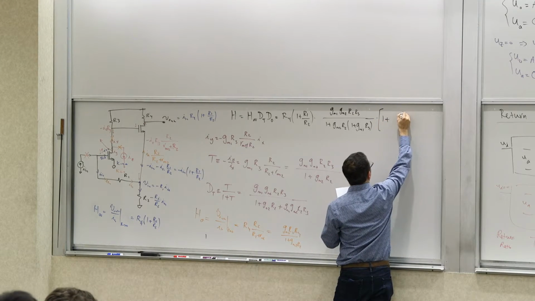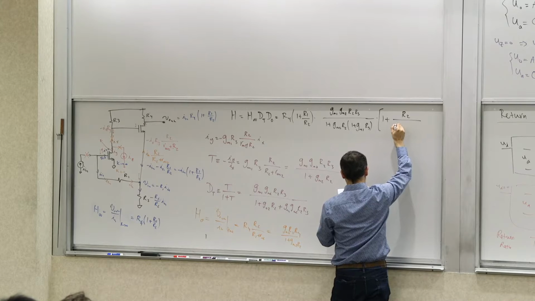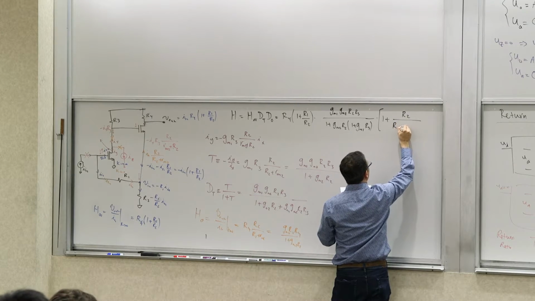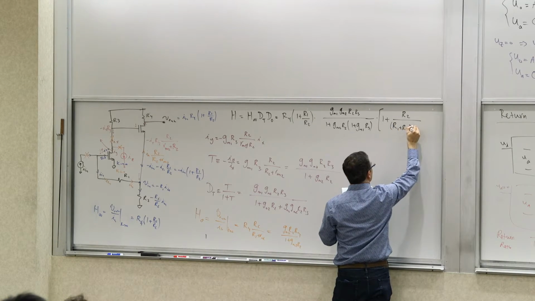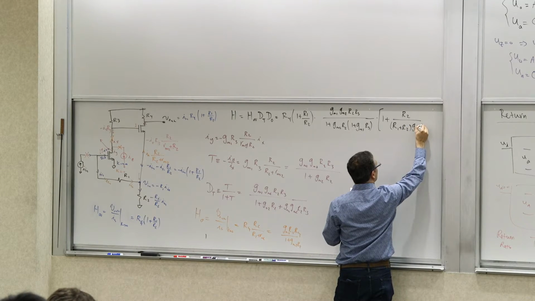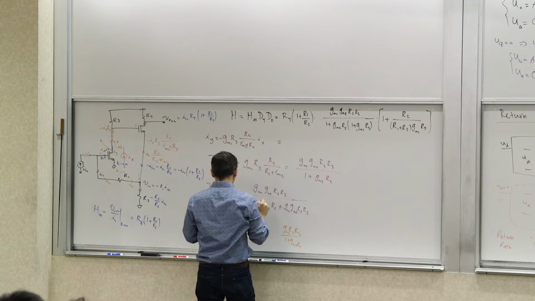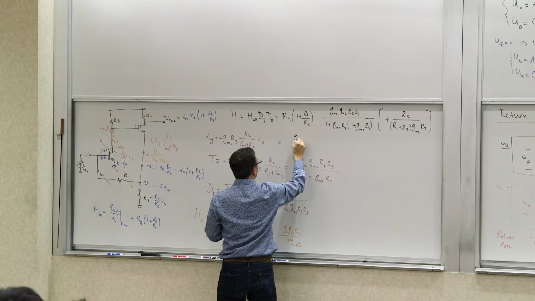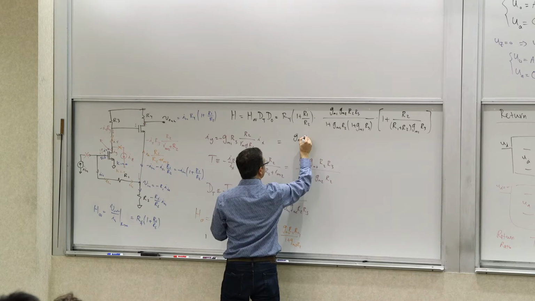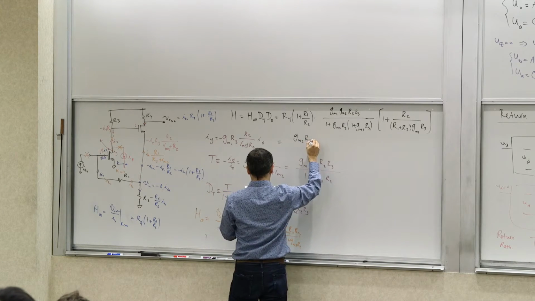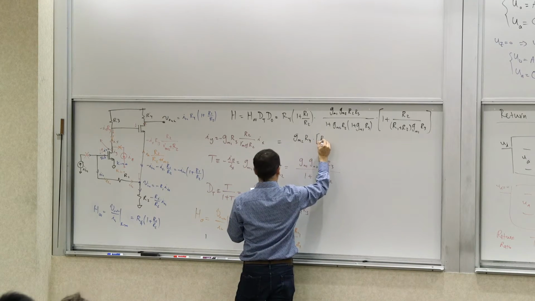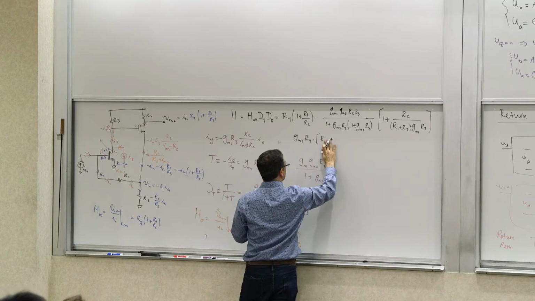Then you get that third correction factor, 1 plus R2 over R1 plus R2 times GM1, R3. Which you can also write, if you aggregate everything, you get something like this.